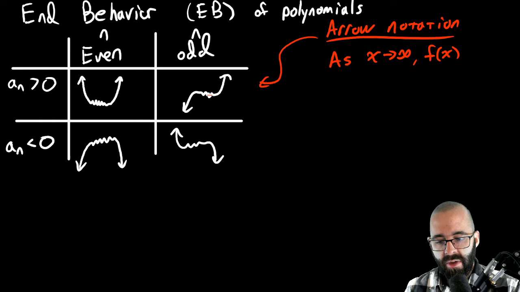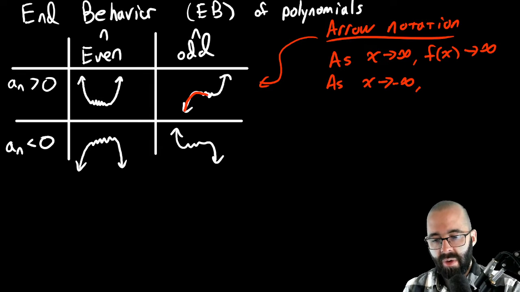Well, as we're moving to the right on this graph, the function's going up to infinity. Similarly, as x goes to the left, as x goes to negative infinity, what's happening to the function? The function's going down to negative infinity.